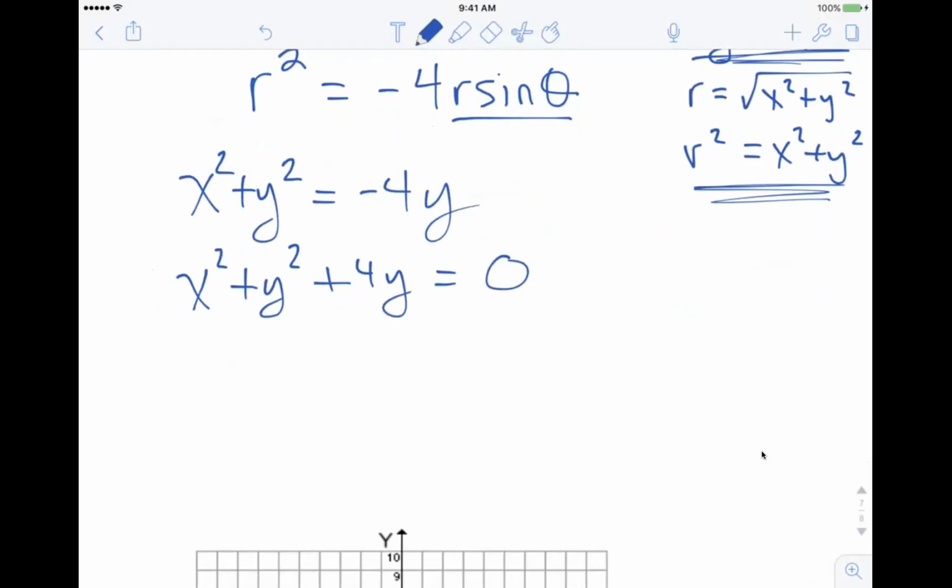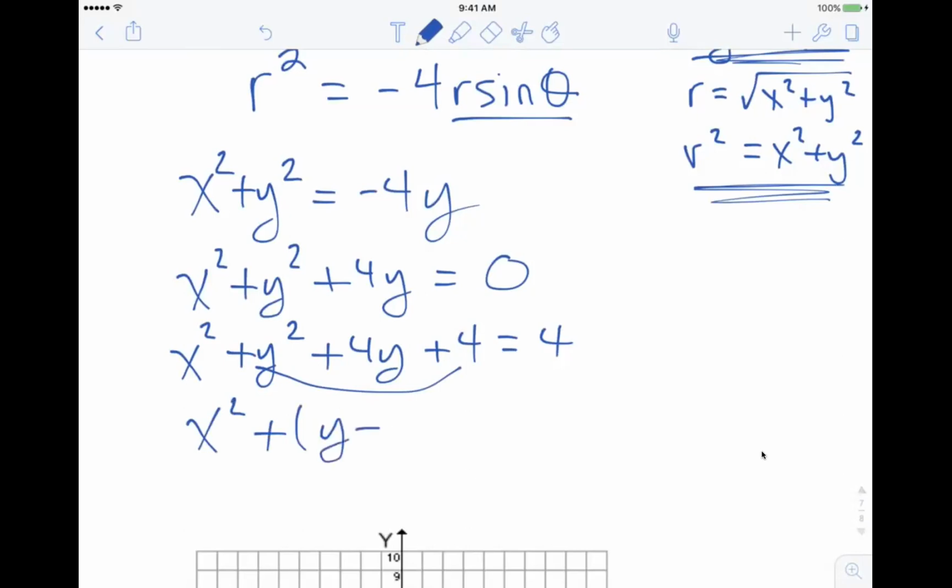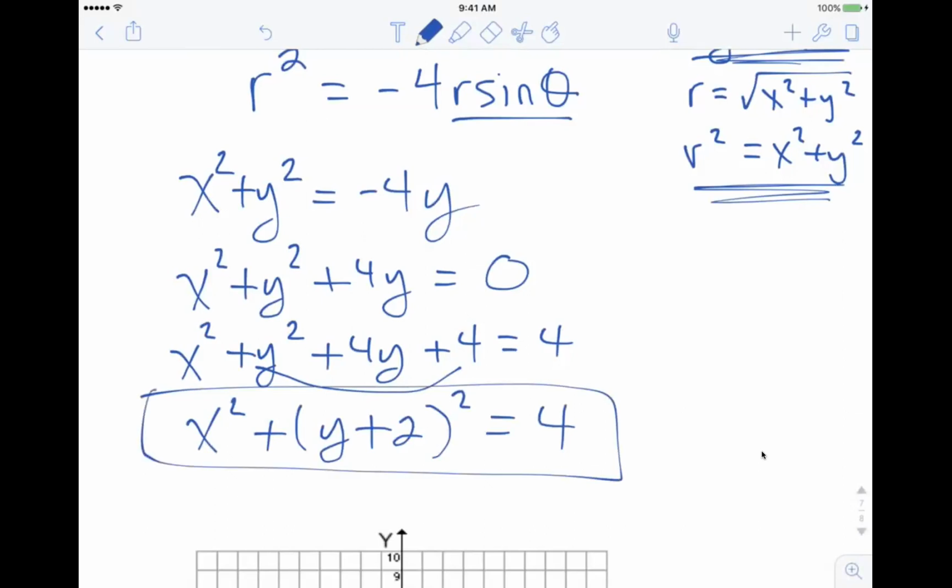If I wanted to get this graphed, I would complete the square. Do you remember doing that? Or if you're in 372 at the same time, you've probably done that this semester. What I'm going to do is take half of the 4, which is a 2, and square it, which is 4. So I'm going to add 4 to both sides. Then this is a perfect square that factors into y plus 2 squared. So this is that form of a circle in rectangular form that you can now graph.